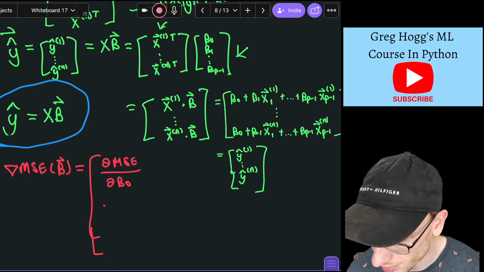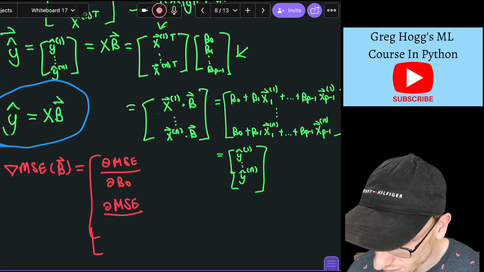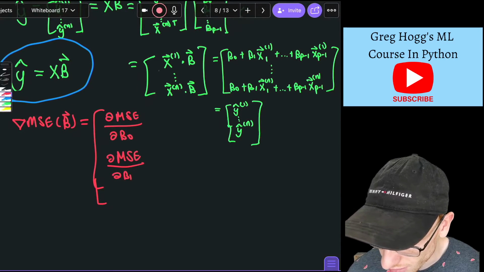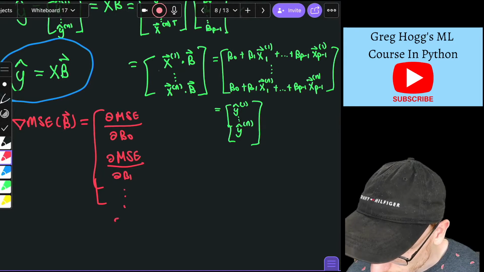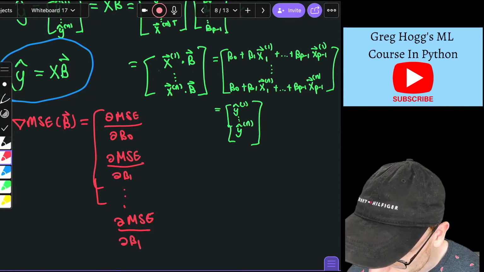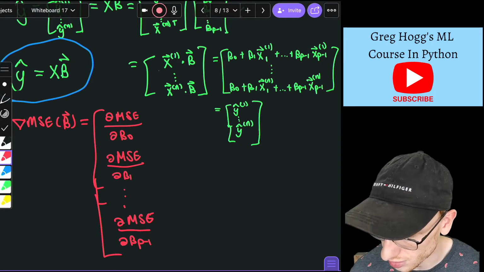The second thing is the derivative of MSE with respect to beta 1, all the way down until partial MSE by partial beta p minus 1. So there are p things. I'm sorry about that notation.